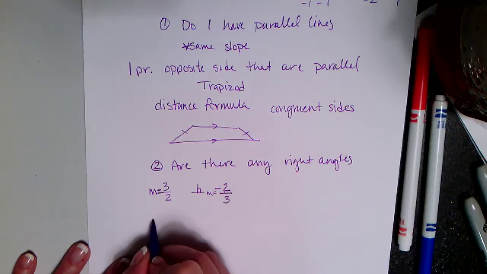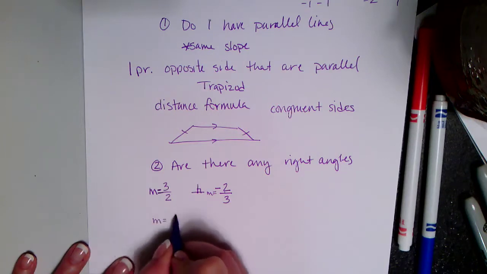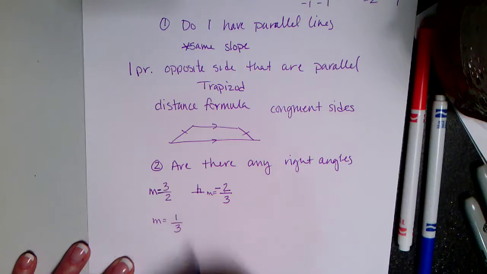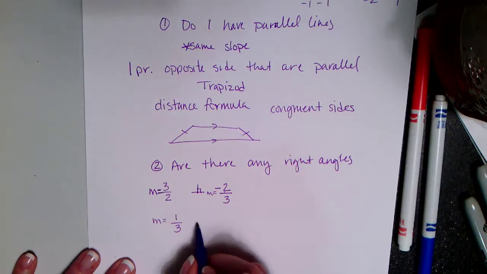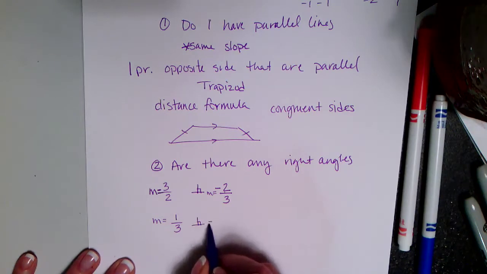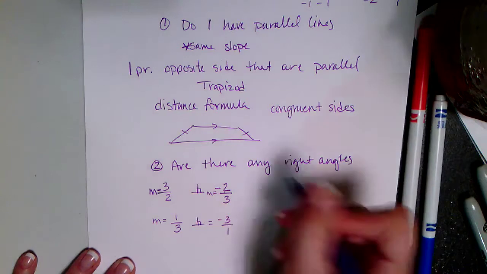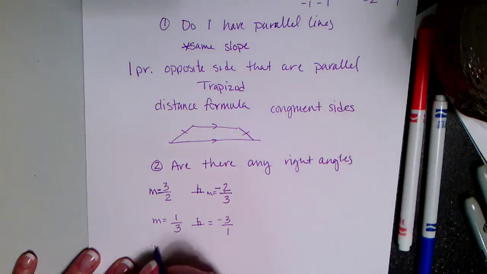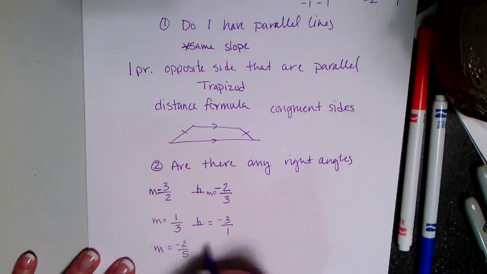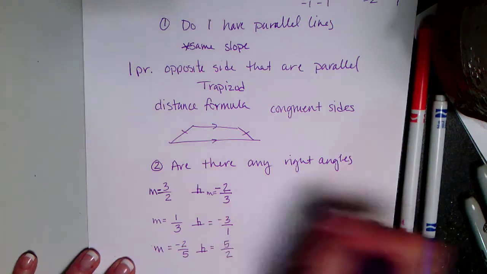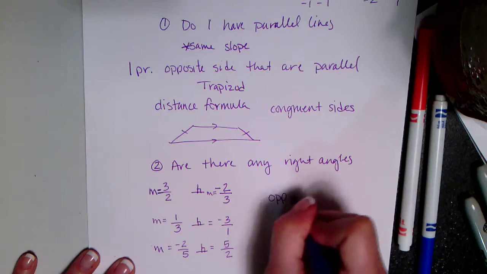So a line that is perpendicular to a line that has a slope of 1/3, the perpendicular line would be -3/1. If I had a line that was -2/5, my line perpendicular to that would have to be a positive 5/2. Does that make sense? So these are our opposite reciprocals.